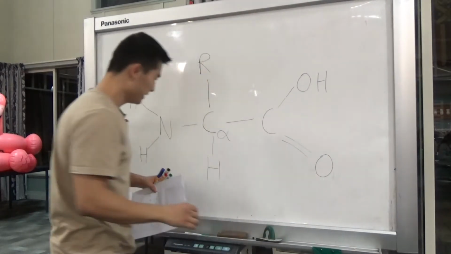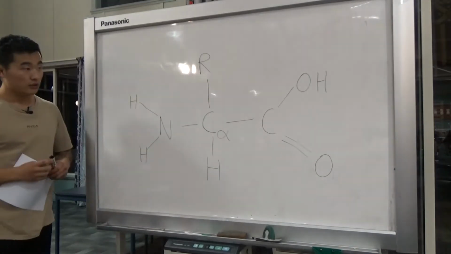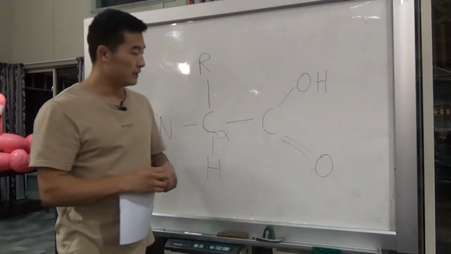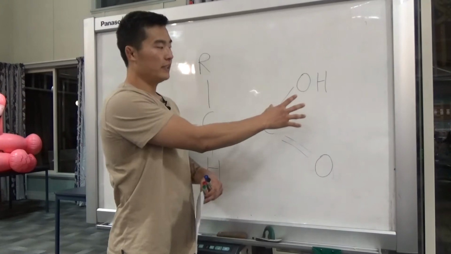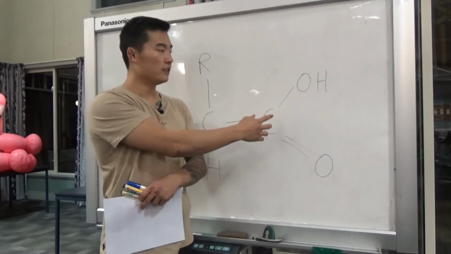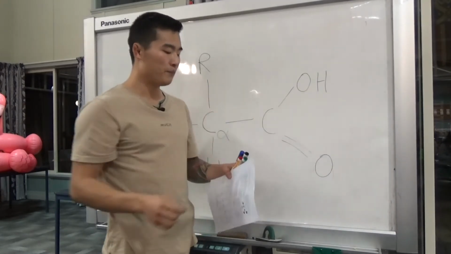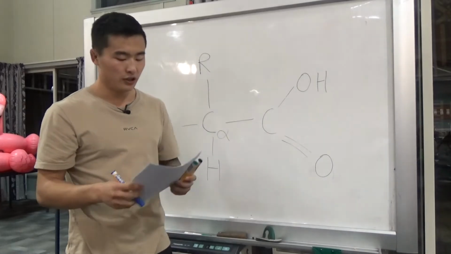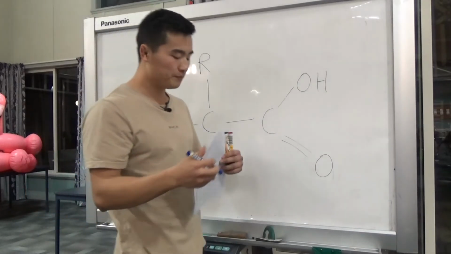If you have it in solution, remember that this carboxylic acid wants to get rid of the proton, this hydrogen, H plus ion.